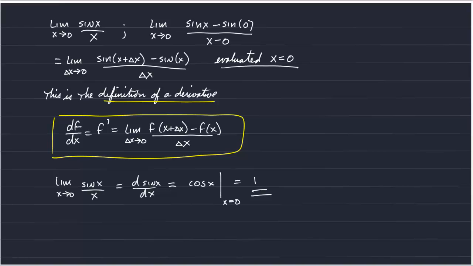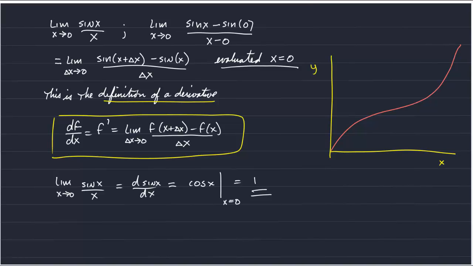So let's talk a little bit about how we can interpret a derivative. The first way you were probably introduced to this is by understanding a derivative in terms of the slope of a function evaluated at a certain point. So here I'm drawing an arbitrary function on my x and y axis.